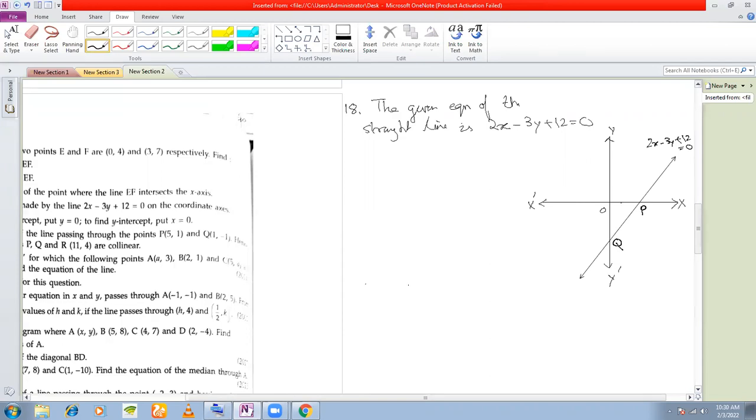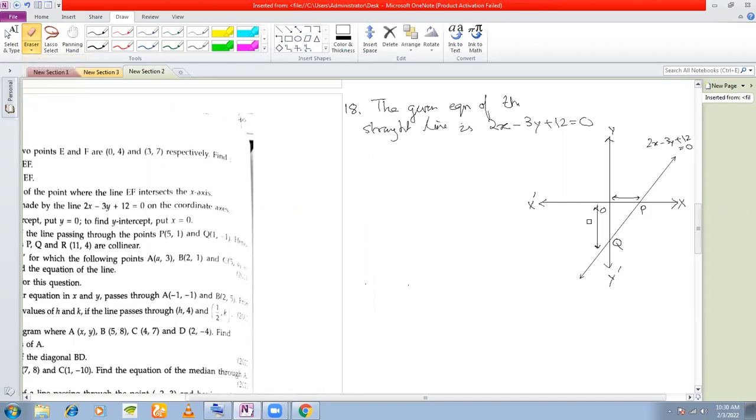We want to find out the x-intercept, and what is the x-intercept? OP, right? And what should be the sign of OP? It should be positive because P is in the positive direction of x, right? And we want to find out the length OQ. Why do we want to find out the length OQ? OQ is the y-intercept. And what is the sign of OQ? If you see, Q is in the negative direction of y. So therefore, the sign of OQ will be negative, right?